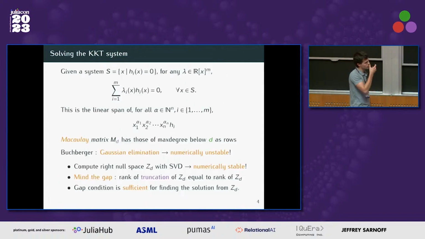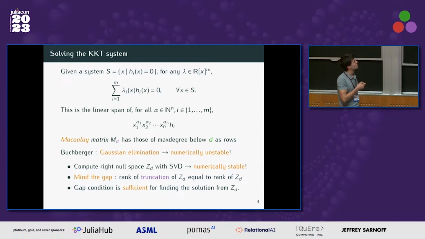And to solve a system of polynomial equations numerically, there is an approach that we're developing. The classical approach is that you look at all the equations of your system, and you know that if all these polynomials are 0, then if you multiply a polynomial by any other polynomial, it's also going to be 0, and you can even sum them. So you can generate many polynomials like this.